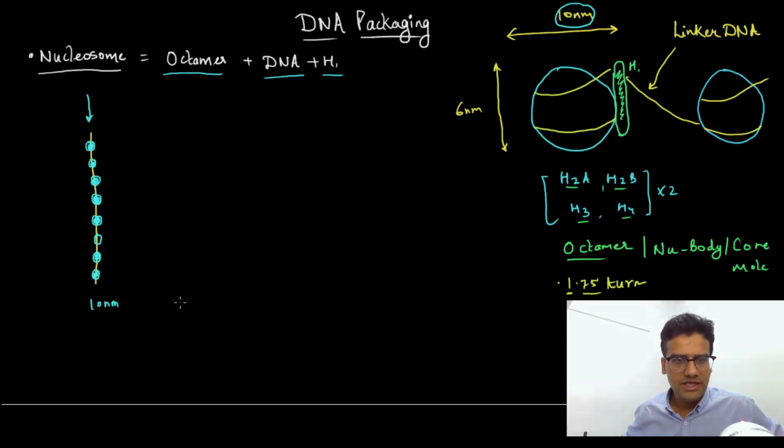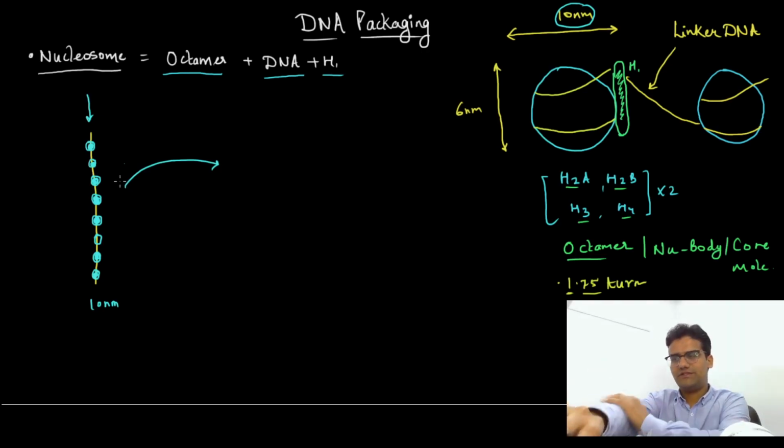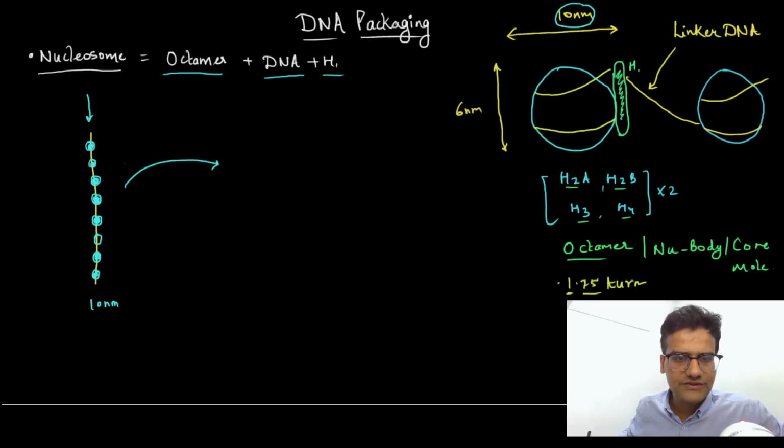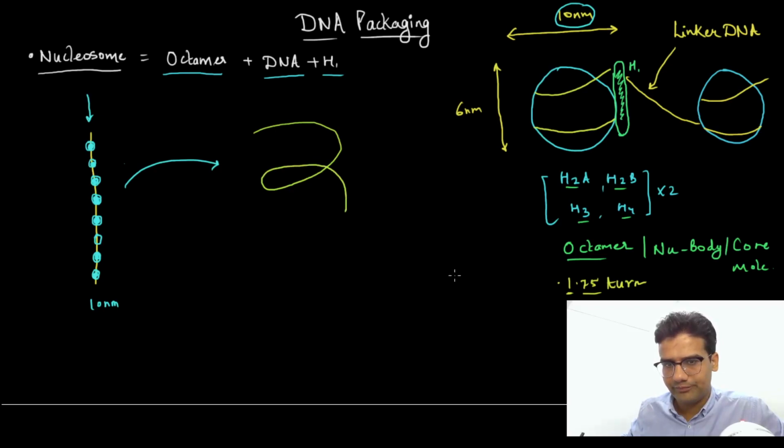This nucleosome fiber is then converted into another structure called the solenoid, because of the binding of histone protein on the DNA. This histone protein causes a turn of 60 degrees. Gradually the DNA is present in this form, and this model is what we call the solenoid.